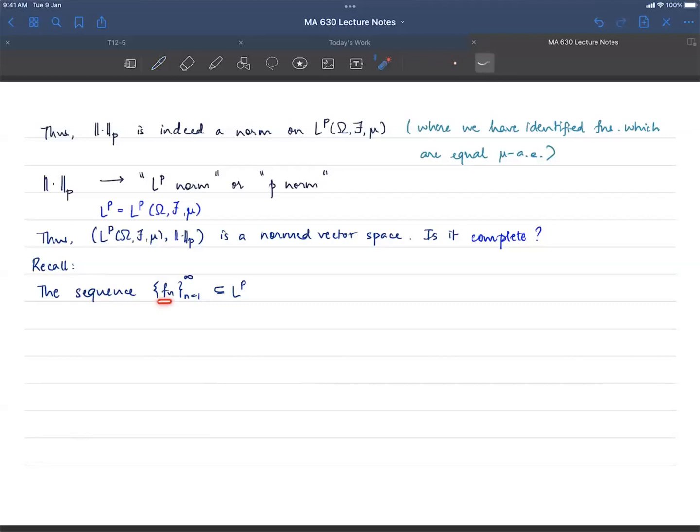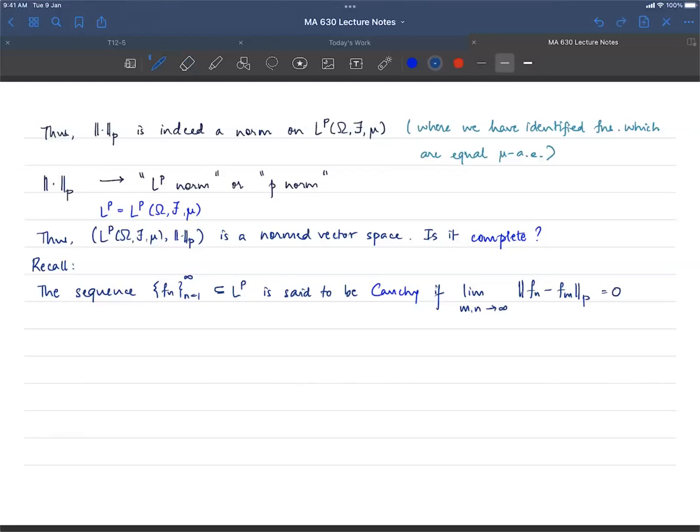So the sequence f_n, n going from 1 to infinity from L^p is said to be Cauchy if the limit as m, n go to infinity of the norm of f_n minus f_m goes to 0.